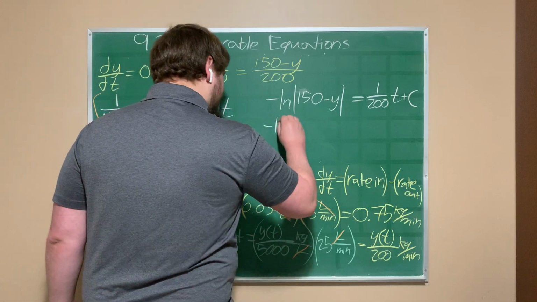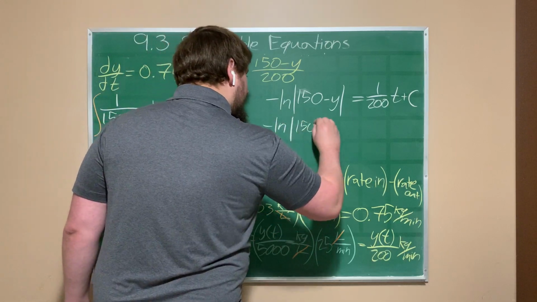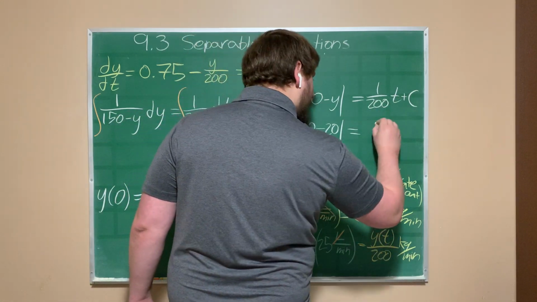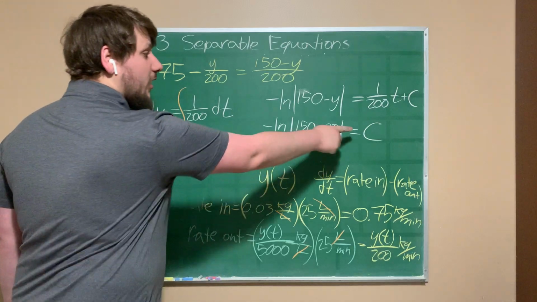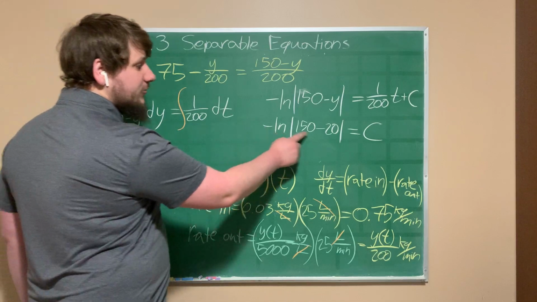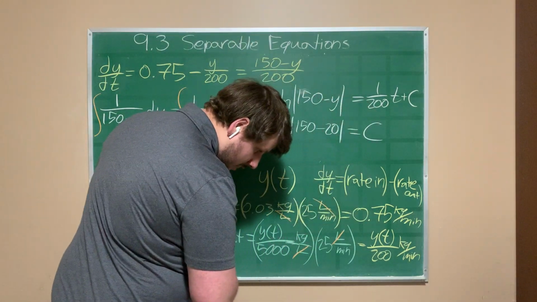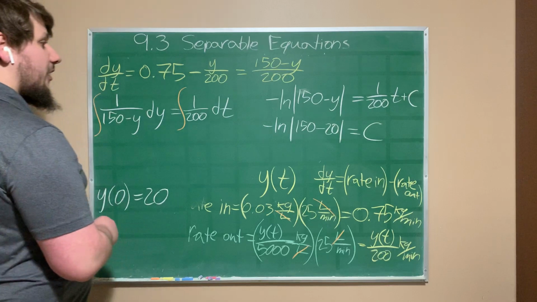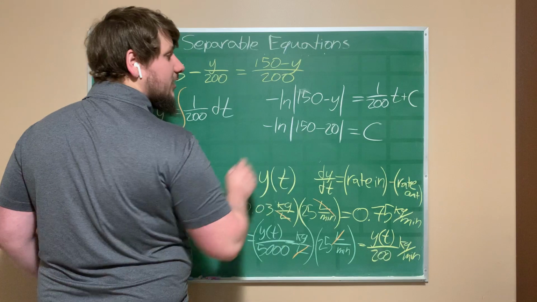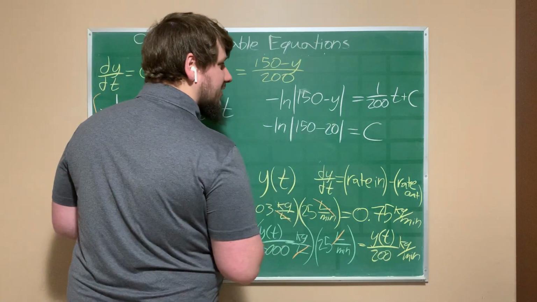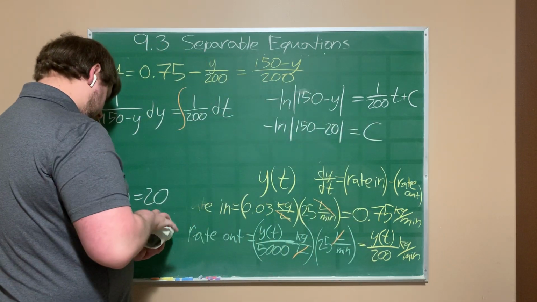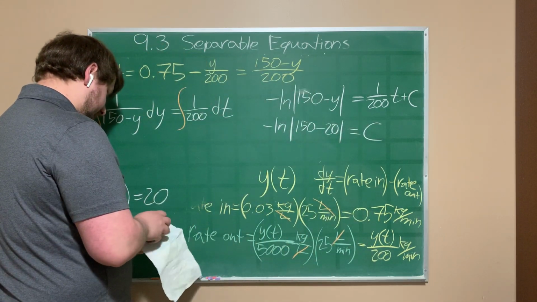So that means that negative natural log of 150 minus 20 is equal to 0 plus our constant. So this gives us what the value of our constant is equal to. Our constant is equal to negative the natural log of 130. All right, so that means that our actual equation that we're going to use is when c is equal to the negative natural log of 130. Again, the absolute values don't actually matter here. So the equation that we're working with now, sorry to keep erasing, but there's lots of writing to do.